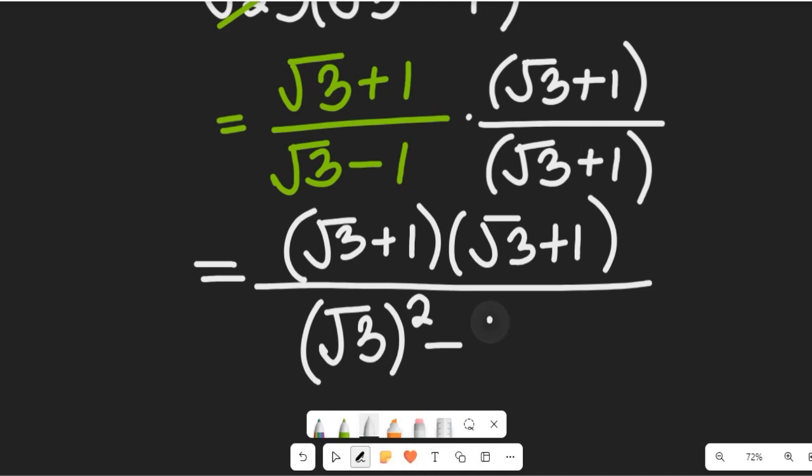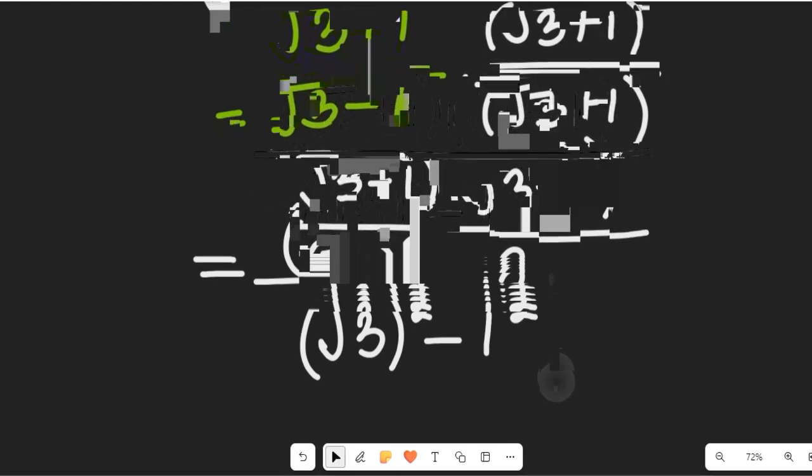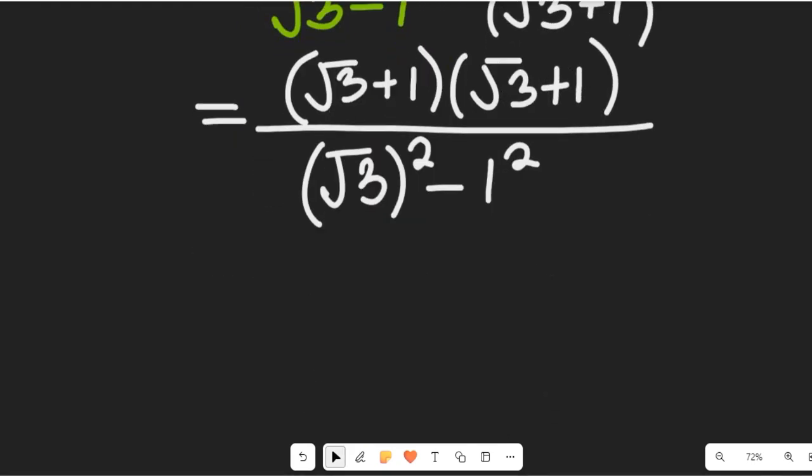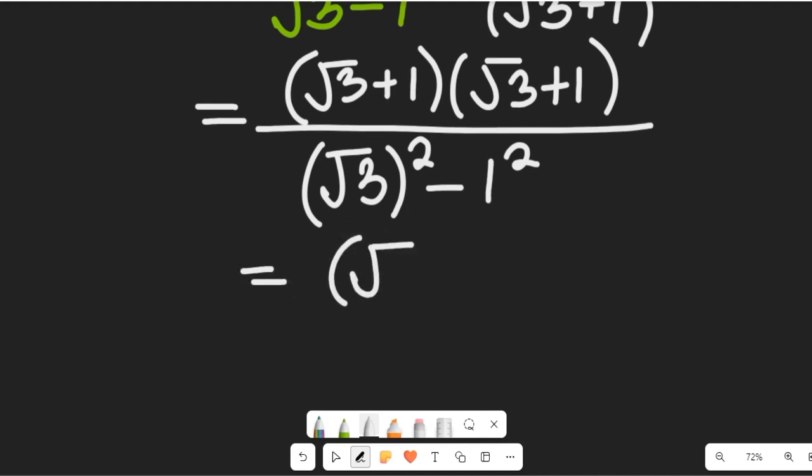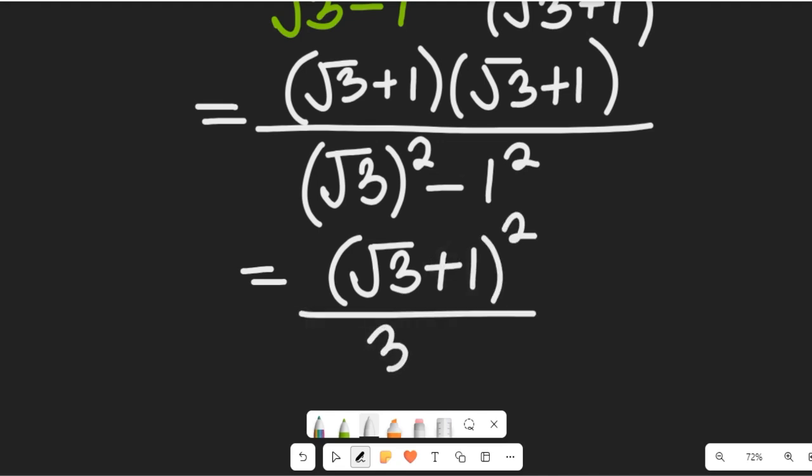Recalling that this is simply a difference of two squares, if we simplify, the numerator is going to give us the square root of 3 plus 1, all squared, divided by 3 minus 1.